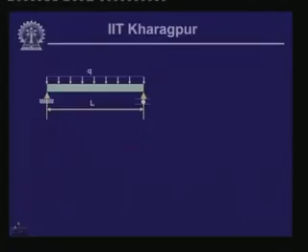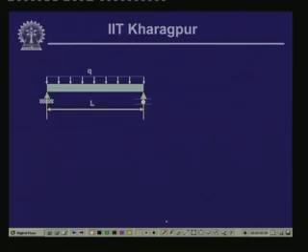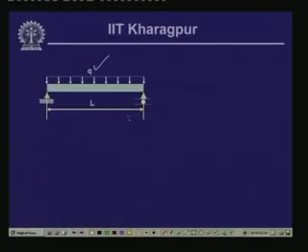Now, let us look at what happens if a simply supported beam, instead of a concentrated load, is subjected to a uniformly distributed load of intensity Q over the length L. What happens to the shear force and the bending moment diagram? Here, as usual, we have the reactive forces acting.